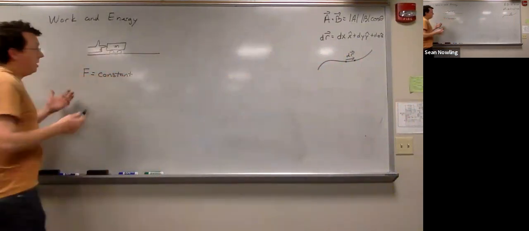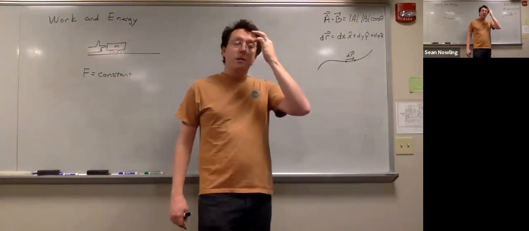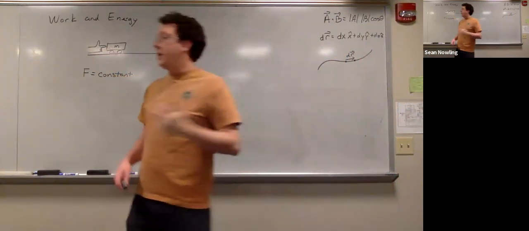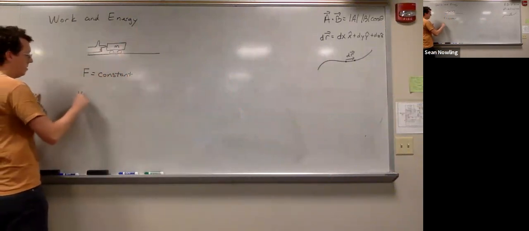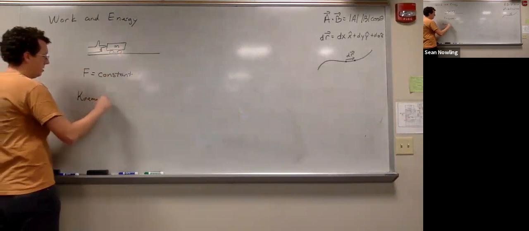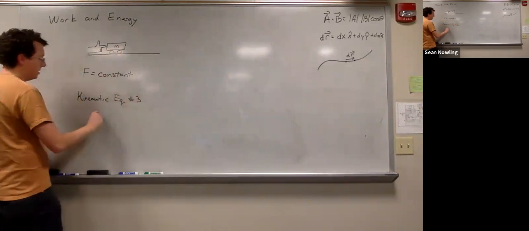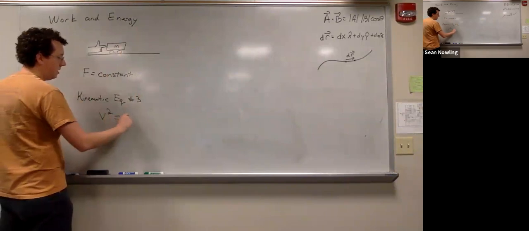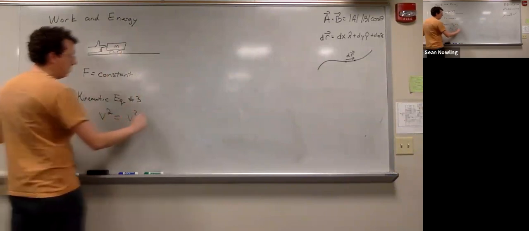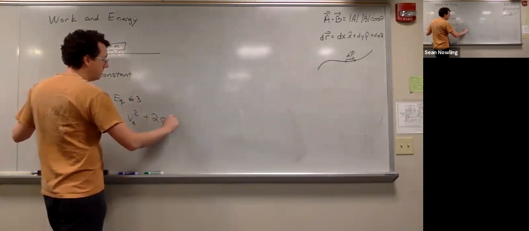So in particular, if I had a constant acceleration, I could write down kinematic equation number 3, which says that the velocity squared equals the initial velocity squared plus twice the acceleration times delta x.